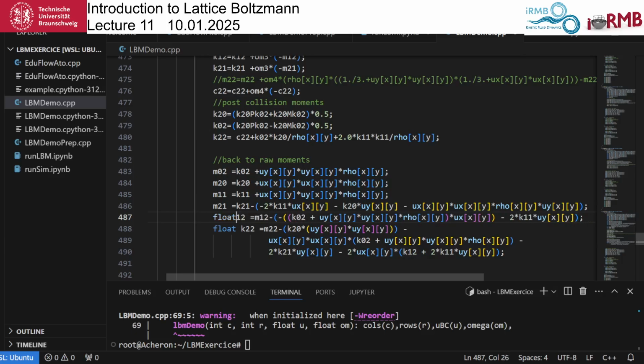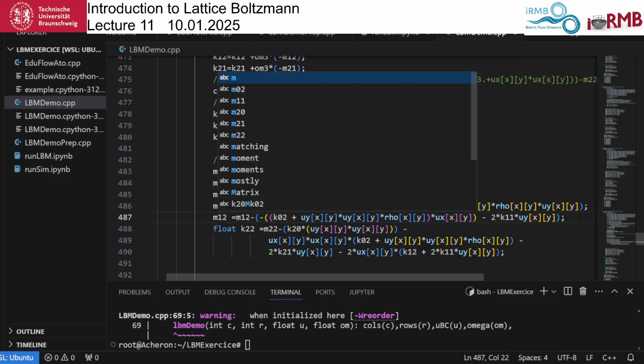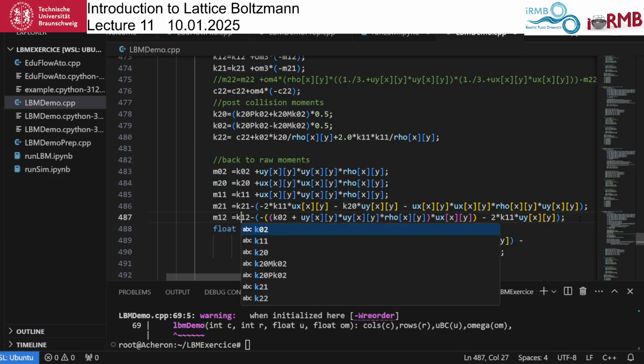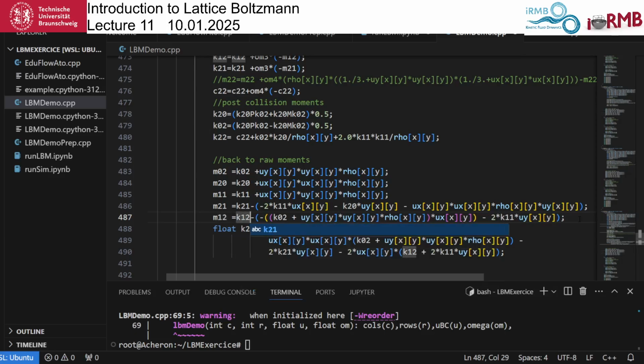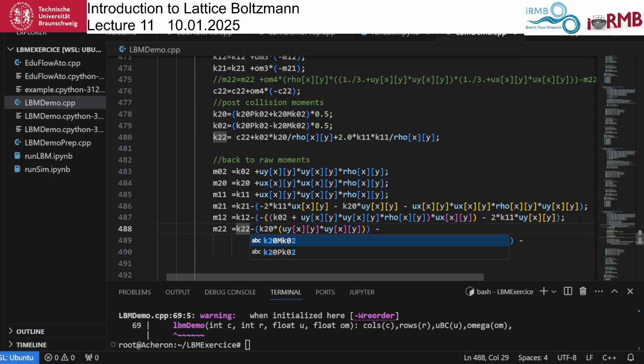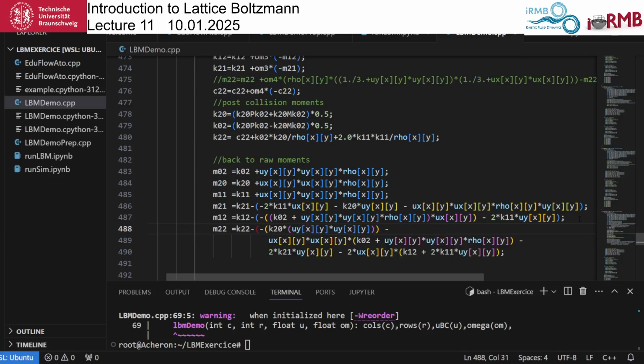I hope I did not mess this up because it looks so different, but sometimes Mathematica just does it like this. I will do the same thing here, M, K, I'll put a minus here and put everything into brackets.